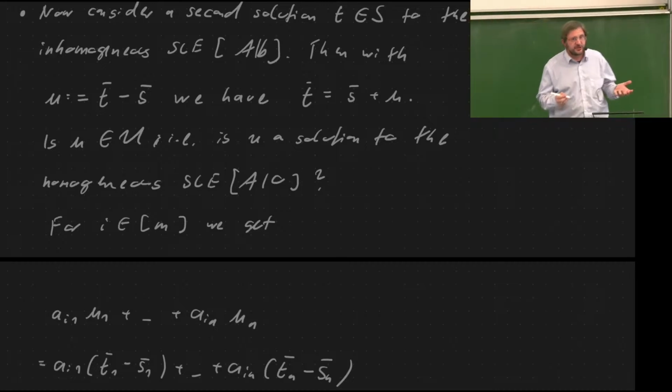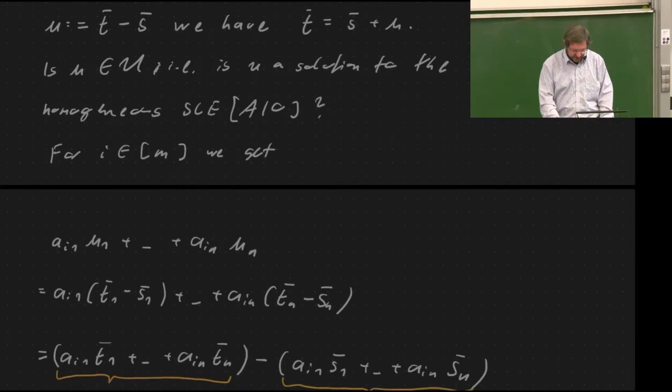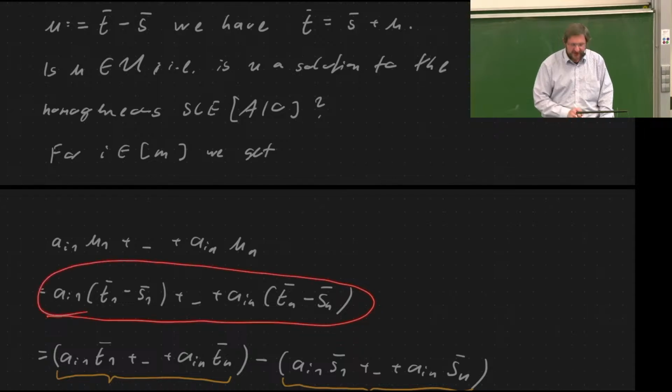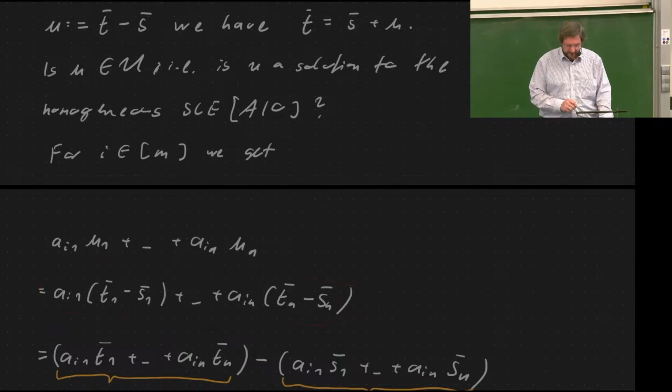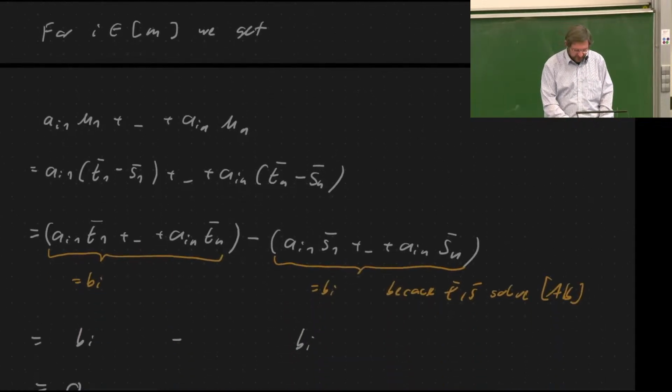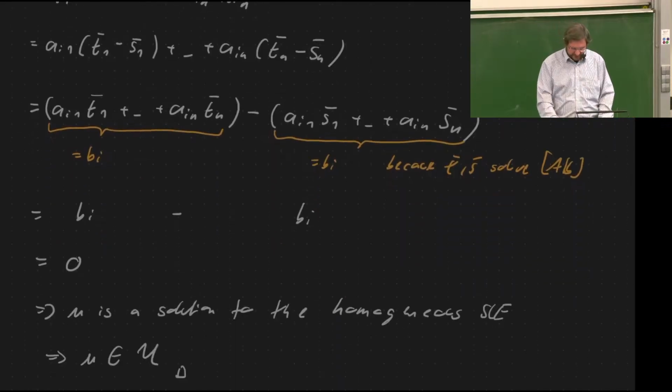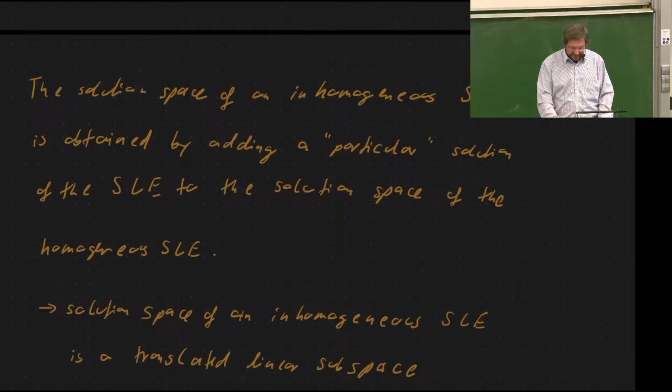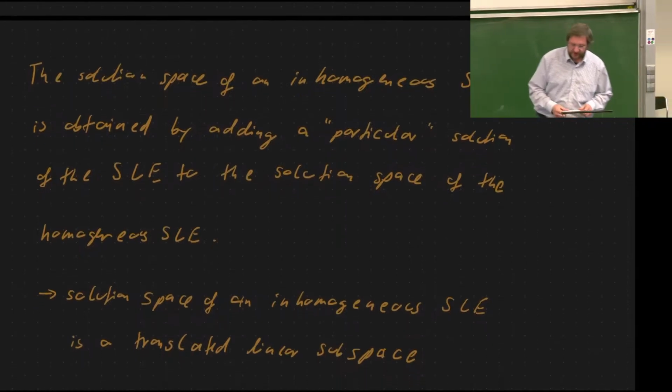And again, I can just do that by substituting that solution here into any of the equations, doing the computations, and again, reformulating a little. I collect all the T bars, I collect all the S bars. I get bi here, I get bi there. And the difference is, of course, 0. All right? And that proves this structural result here.